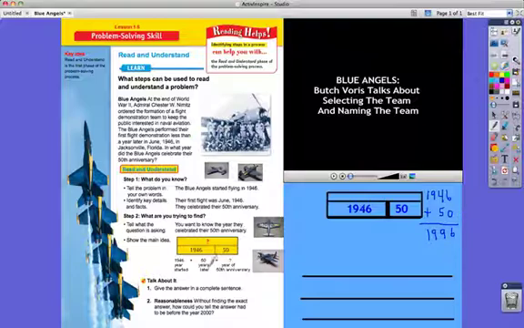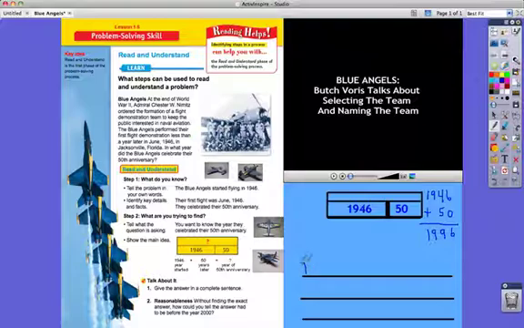Okay, now over here, what if we wanted to write that in a complete sentence? What would it look like? Well, since we know they celebrated their 50th anniversary in 1996, I would probably write it like this. I will use part of the question when I answer it.